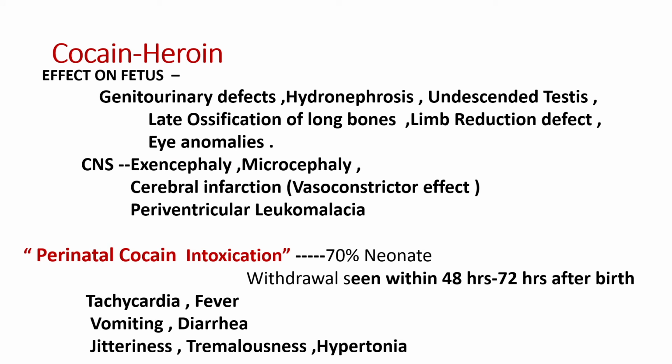Let us see what is the effect of this cocaine or heroin on the fetus and what are the defects. Genitourinary defects are the common defects. Among them, hydronephrosis, undescended testis is usually seen. Late ossification of long bones and limb reduction defects are also documented, and sometimes eye anomalies are seen.